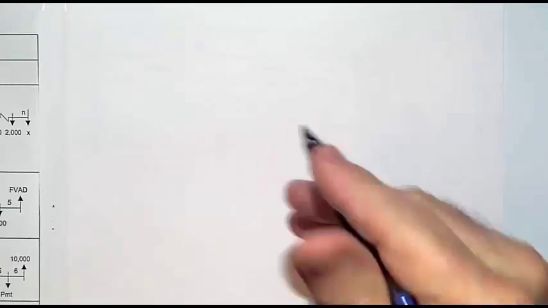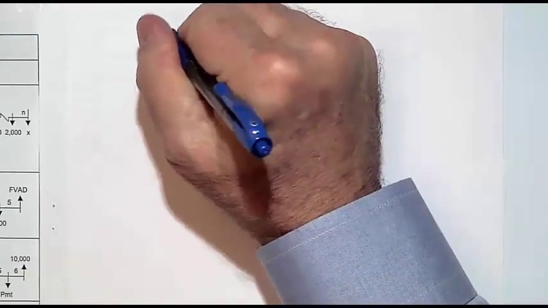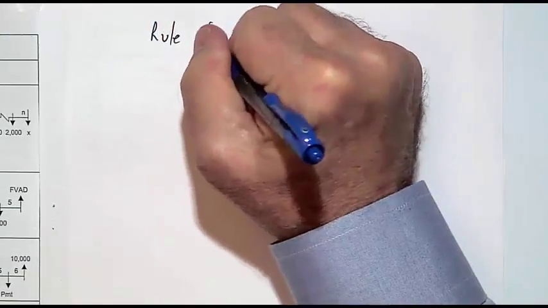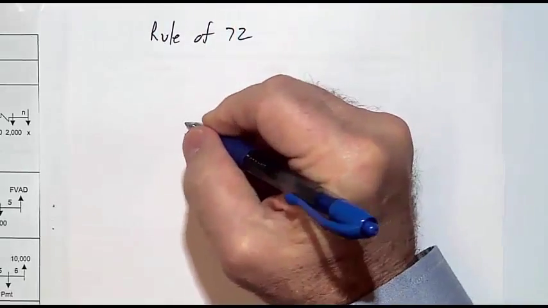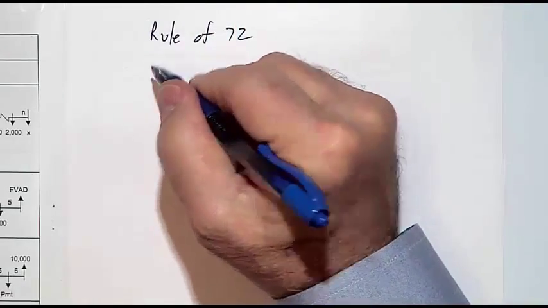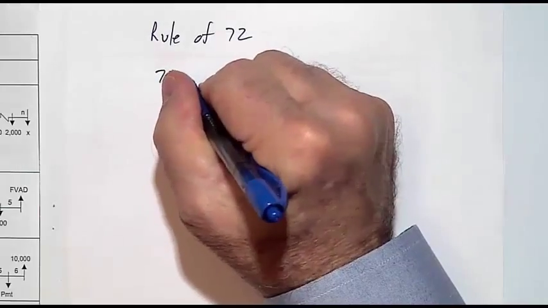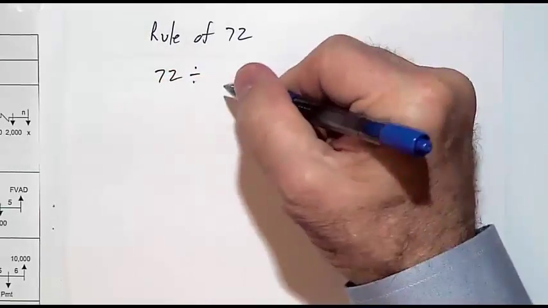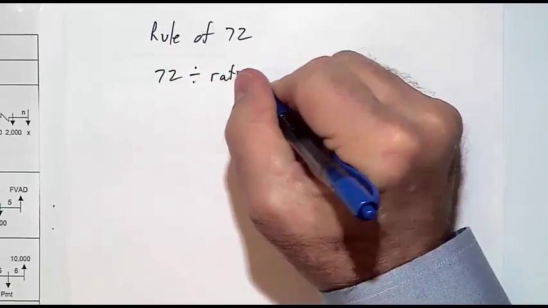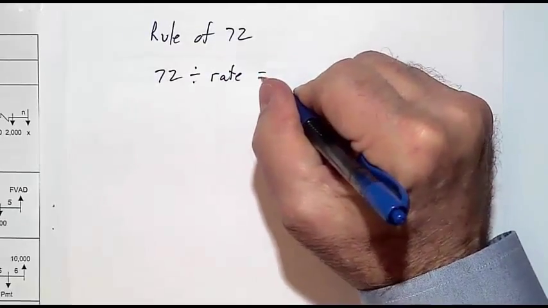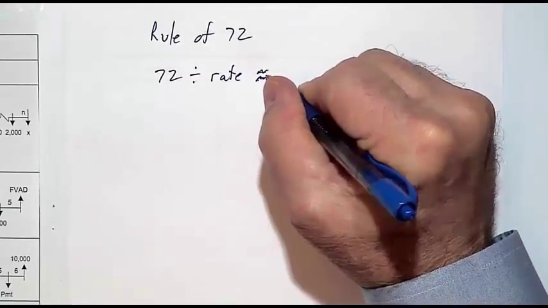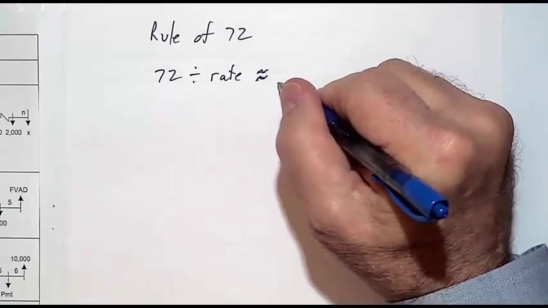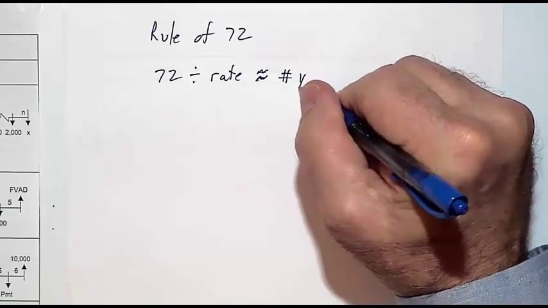For those of you who haven't heard of it, this is just a rule of thumb, and I'll write it out here, Rule of 72. The Rule of 72 says if you take the number 72 and divide it by the rate, it will approximate the number of years to double.